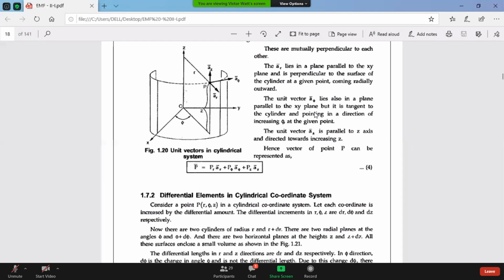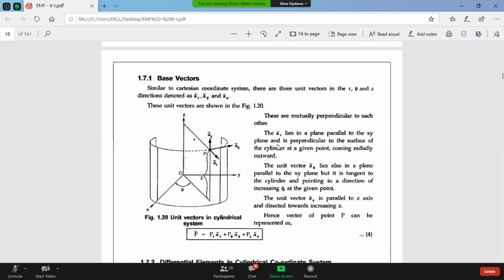All right, you seeing this? Yes, sir. All right. Here is your cylinder superimposed on your Cartesian coordinate. So you have your R, your phi, and your Z. Now look at it.